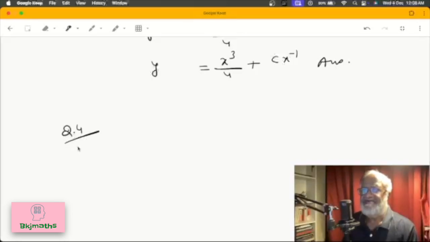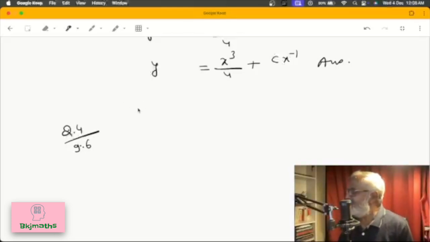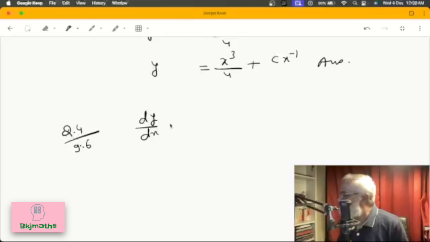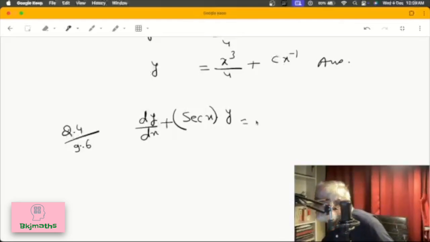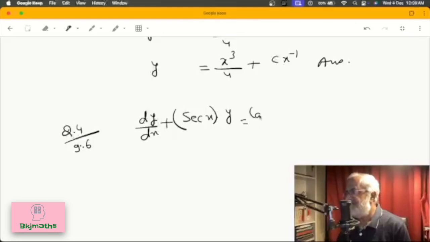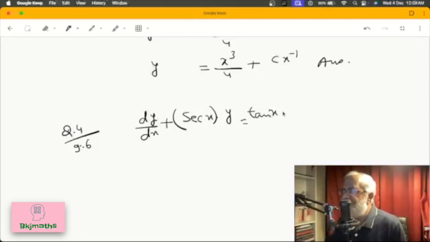The question is dy by dx plus sec x into y equals to tan x, where x is greater than or equal to 0 and less than pi by 2.